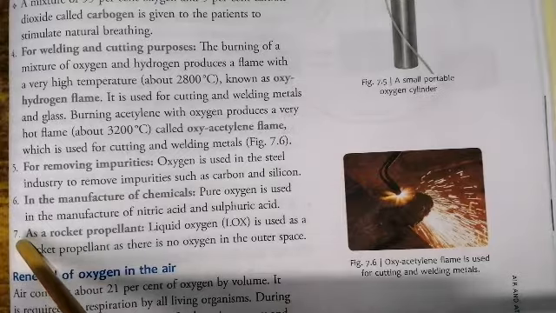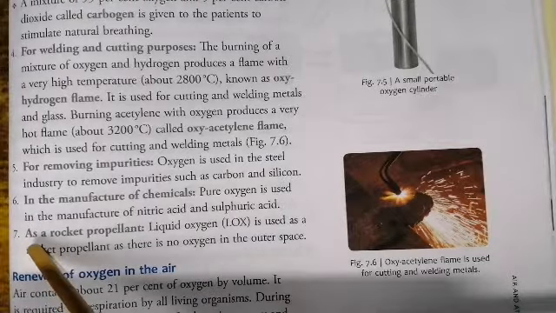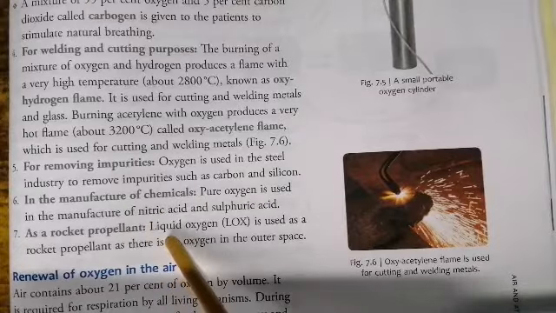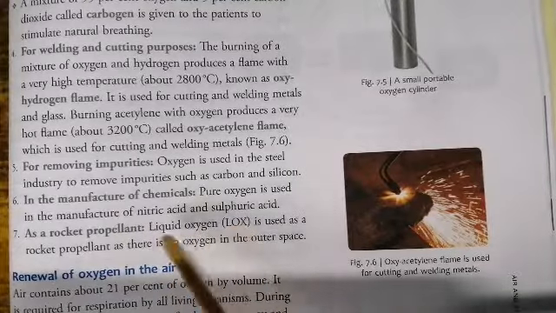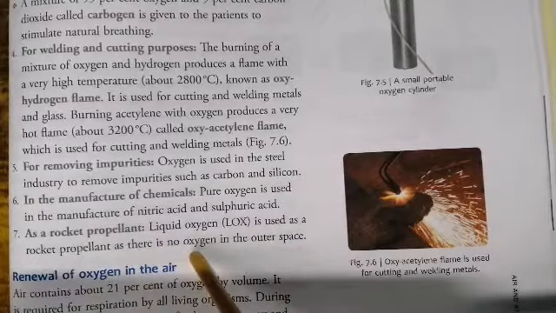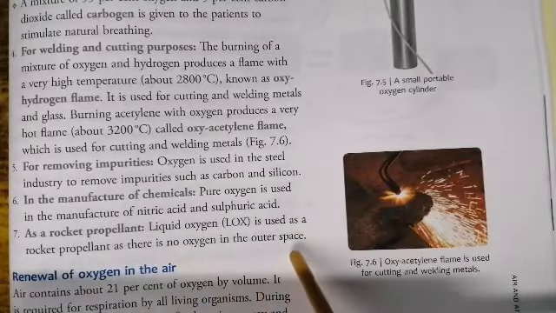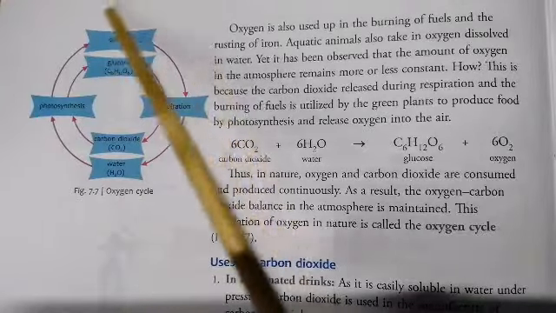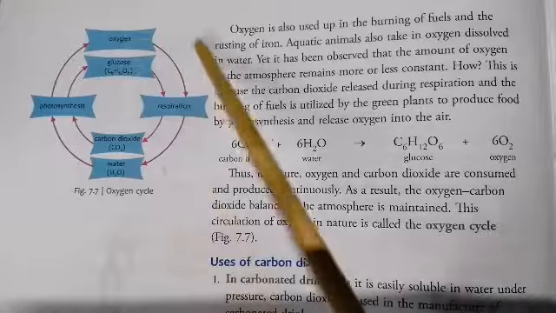And last of all, oxygen is used as a rocket propellant. That is LOX. Liquid oxygen is used as a rocket propellant as there is no oxygen in the outer space. Now let us take a quick look at the oxygen cycle.